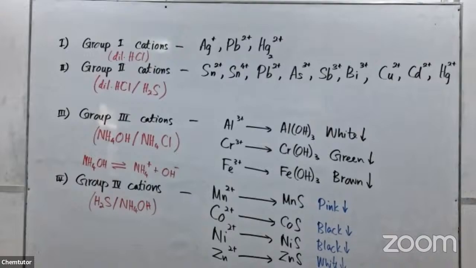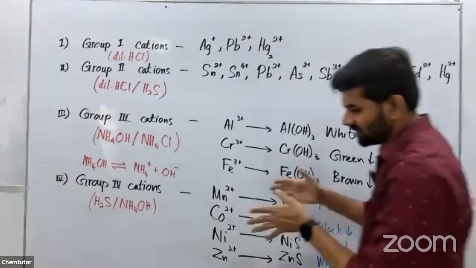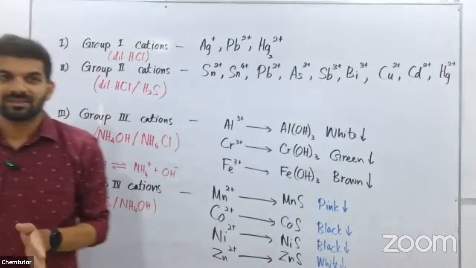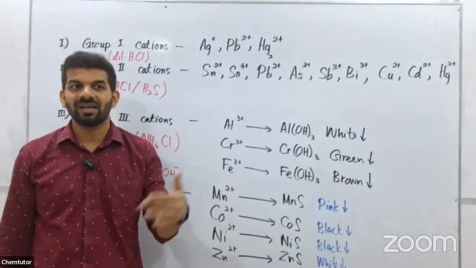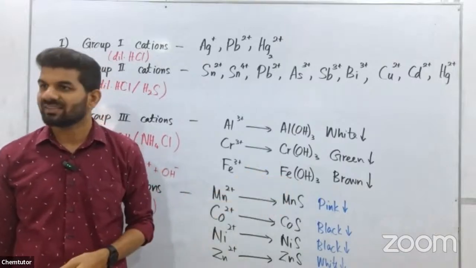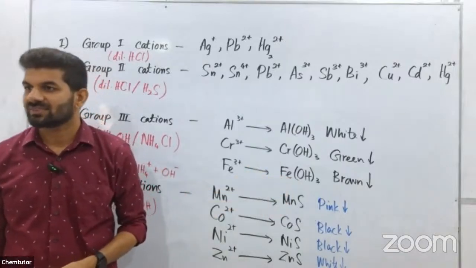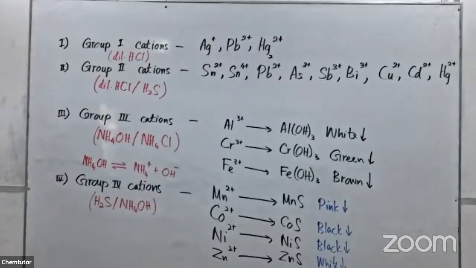Ammonia is added dropwise. So while adding ammonia, it gives the precipitate. Dropwise means drop by drop we are adding in excess. So then that precipitate will be dissolved. Right. Let's discuss in another class.